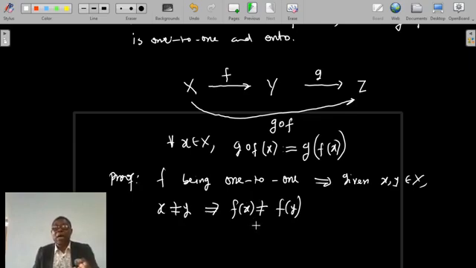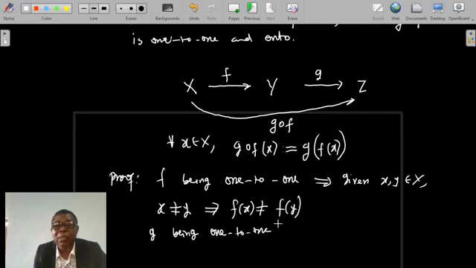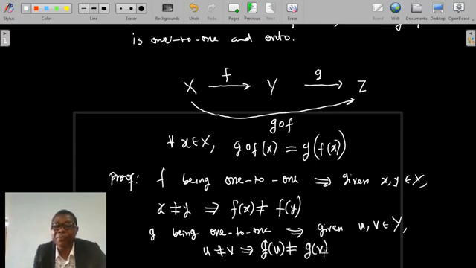Remember, a one-to-one map is a map that maps distinct elements to distinct images. g being one-to-one also implies that given u, v in Y, u not equal to v implies g(u) is not equal to g(v).